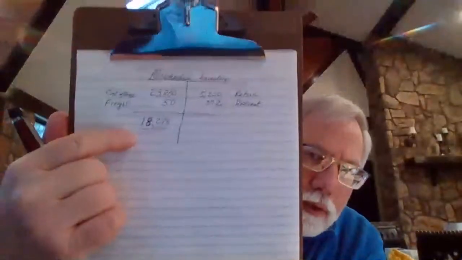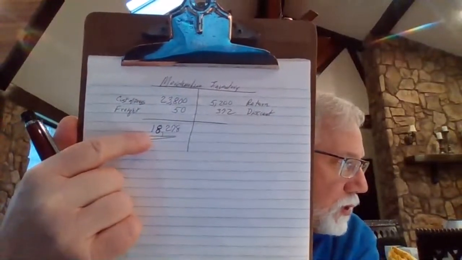That's not right. 23,800 plus 50 plus... 18,278. There's the balance, and that's what we wrote the check for.